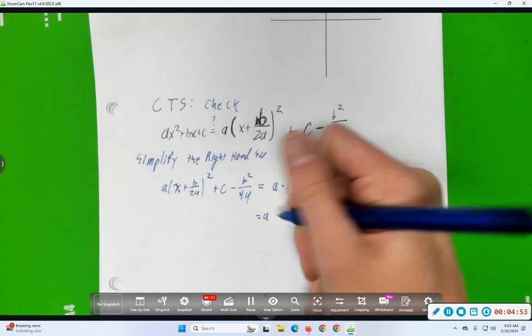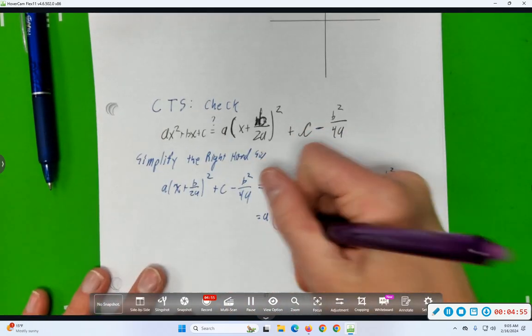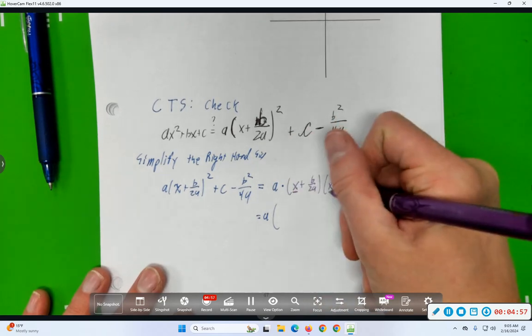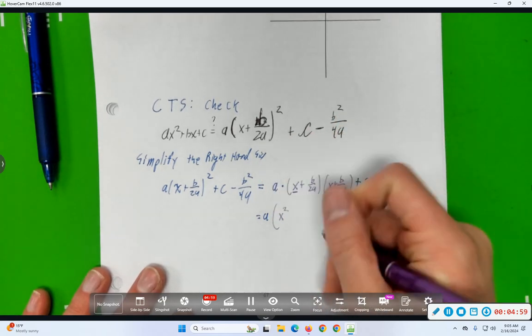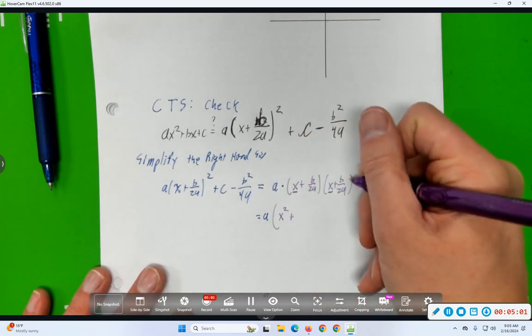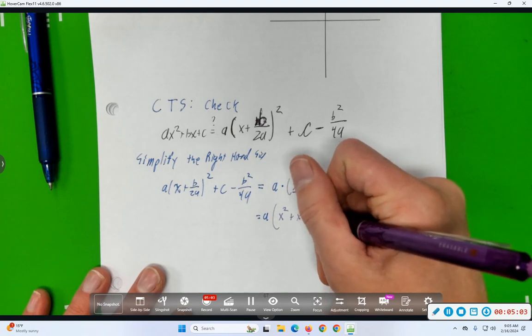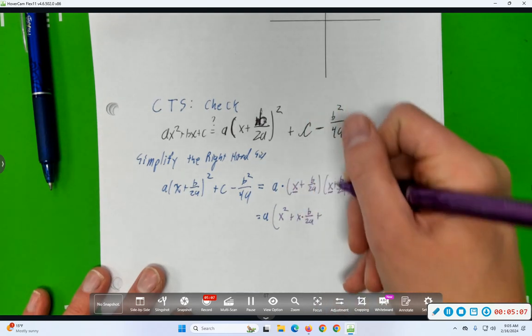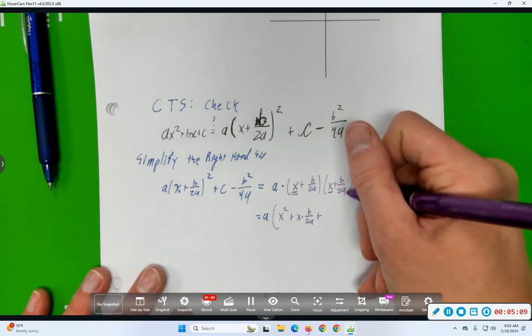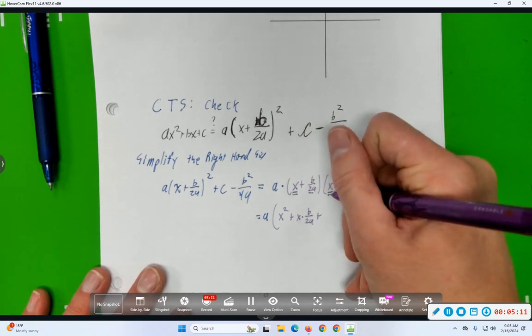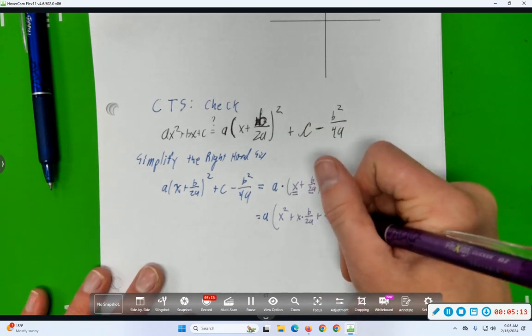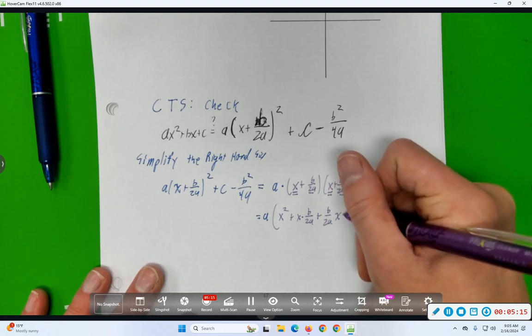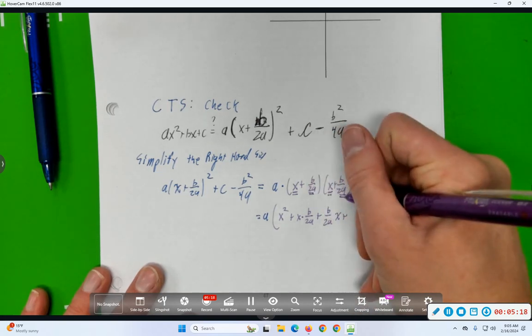Leave the a alone. First term, x squared, plus outside, x times b over 2a, plus inside, so that's this one, b over 2a times x, plus last.